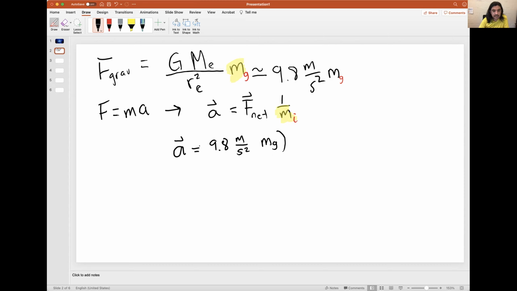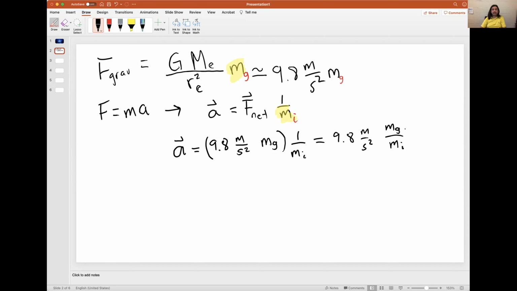And then this gets divided, because we're using the second formula on the bottom, by the inertial mass of the object. So we could rewrite this as 9.8, then the units, and then we have to figure out if mg divided by mi is equal to 1.